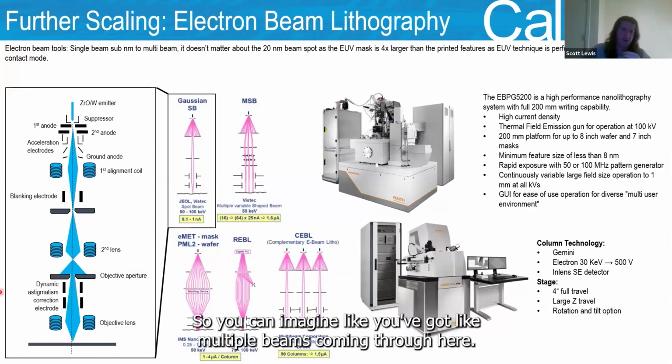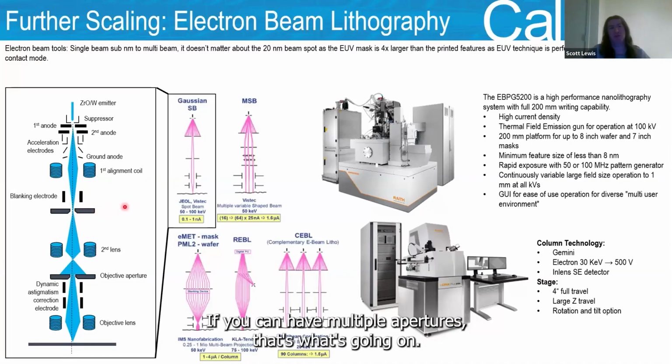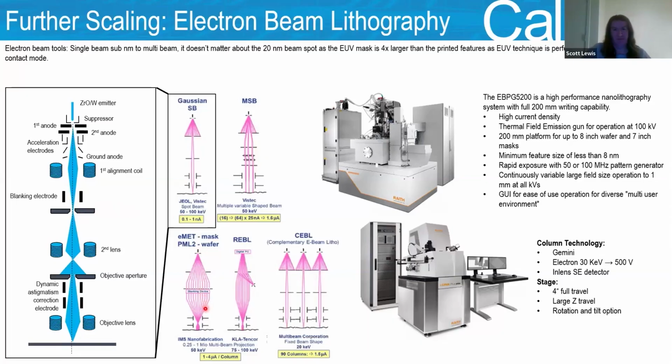So you can imagine multiple beams coming through here, with multiple apertures. That's what's going on. They can do, I think, about 11 nanometer half pitch at the minute, which is really good. So these are types of different architectures.